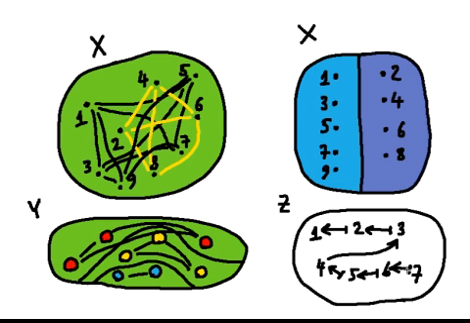So 7 is greater or equal to 5, and 5 is greater or equal to 3. Therefore, 7 will be greater or equal to 3. So that's the transitivity property, the one that allows us to join the arrows. It's also reflexive. Every number is greater or equal to itself, right? But it fails to be symmetric. 7 is greater or equal to 6, but 6 is not greater or equal to 7.